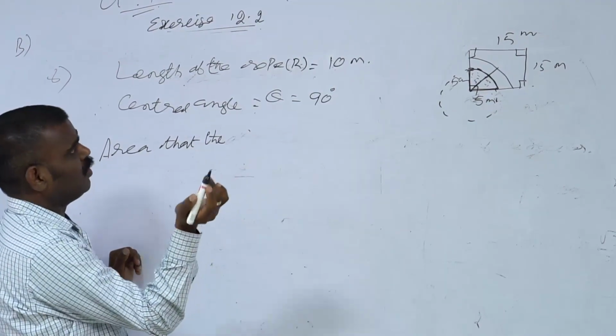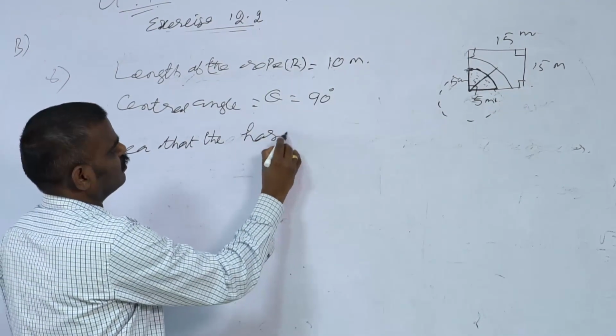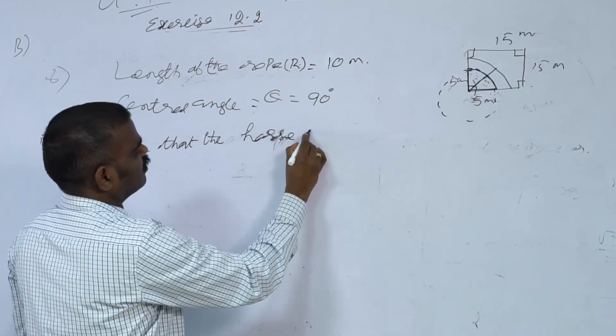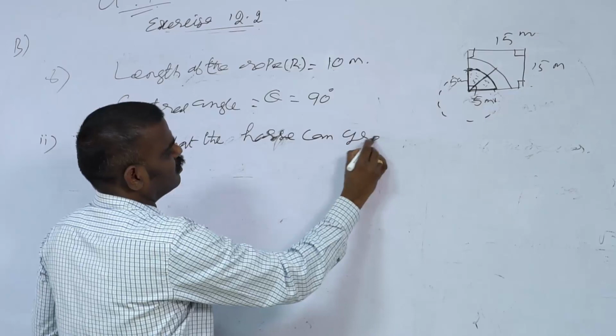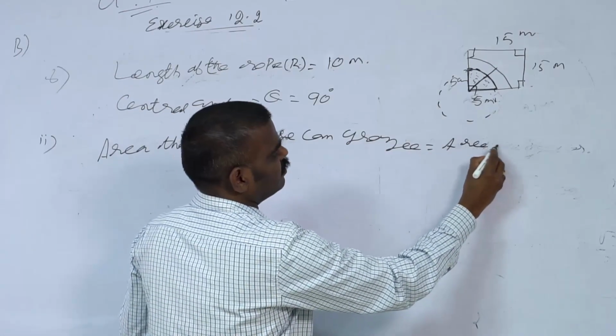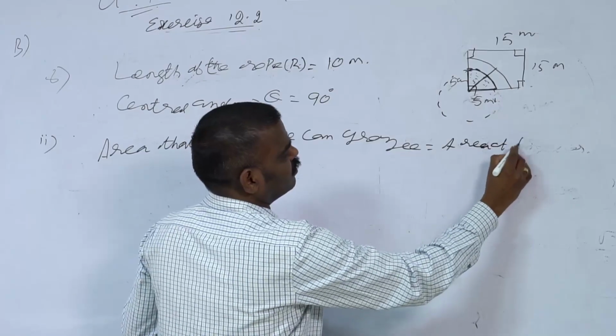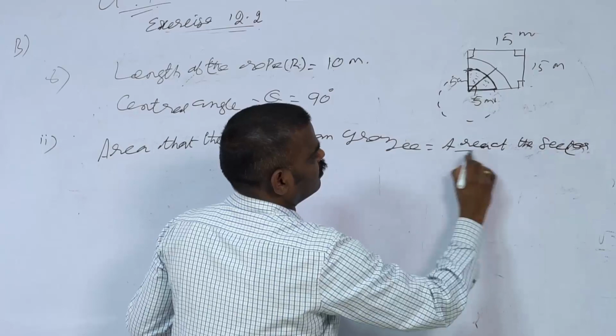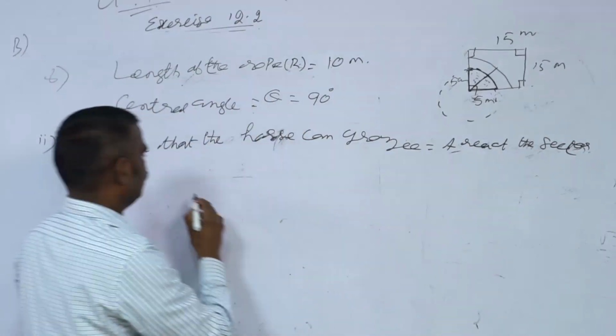Not the cow, which one? Horse. Again, same area of the sector.